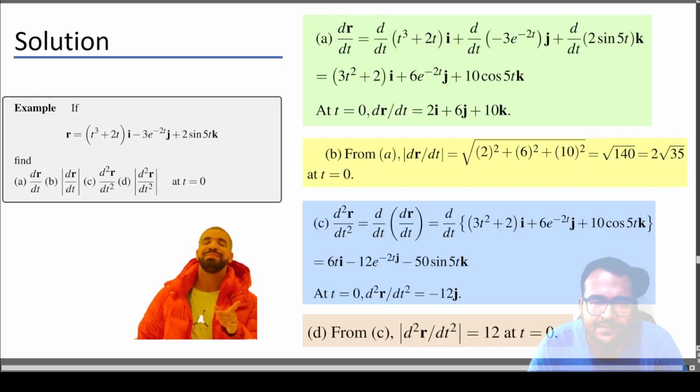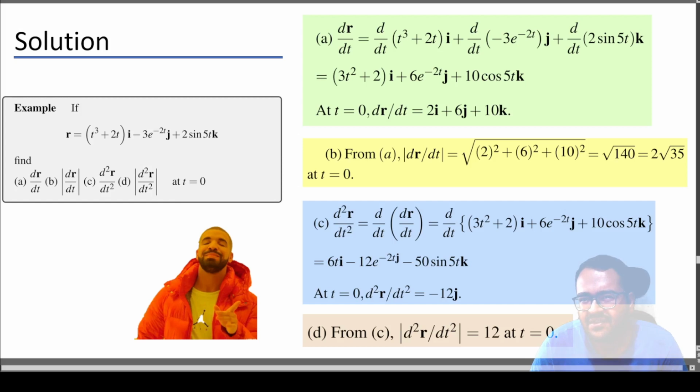Okay, so simple. It's very easy. You make dr/dt. You take the derivative of all of this: d/dt of t cubed plus 2t, then d/dt of minus 3 to the power minus 2t, d/dt of 2 sine 5t.